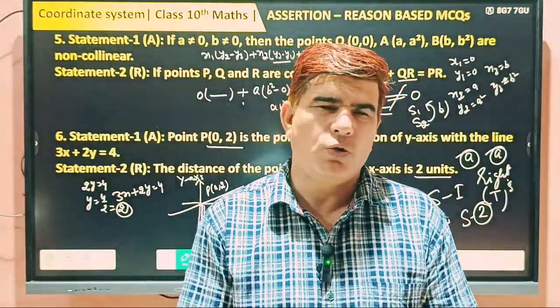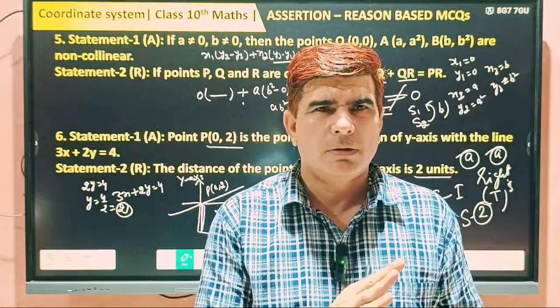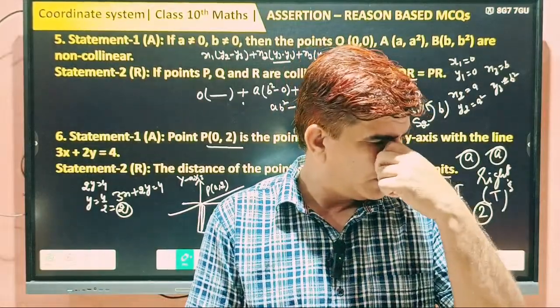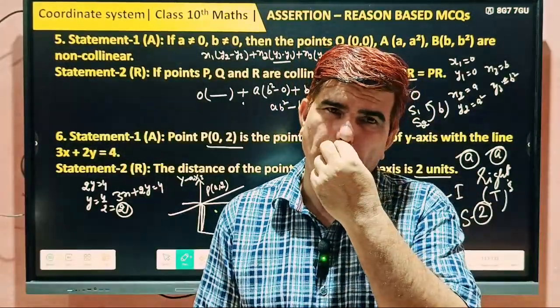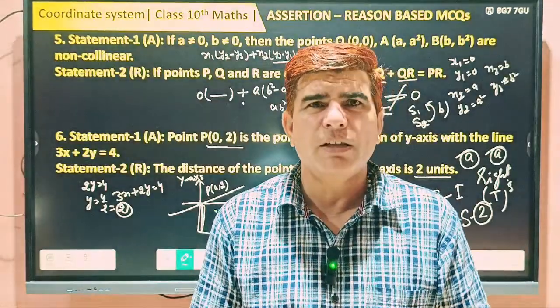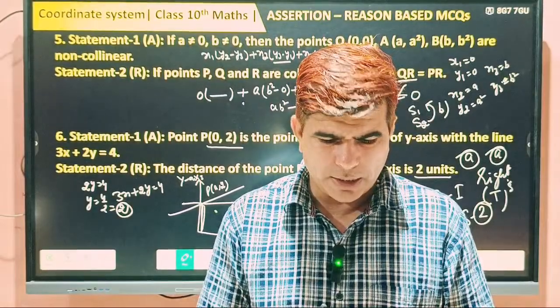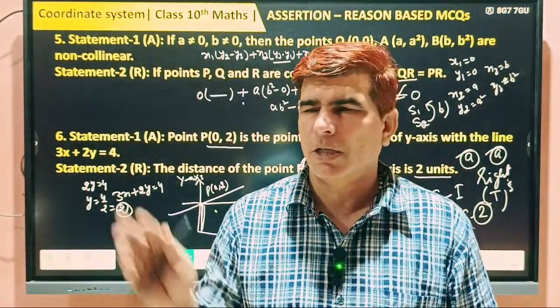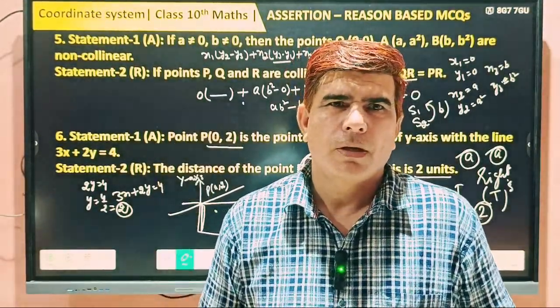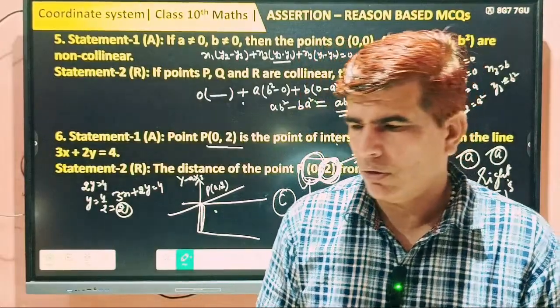If you don't know it, you can revise and solve them and prepare your topic very well, so you are able to qualify in the exam. So it's my humble request again, solve these 70 plus questions and get success in life. Thank you all of you.